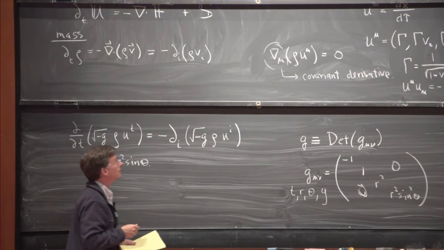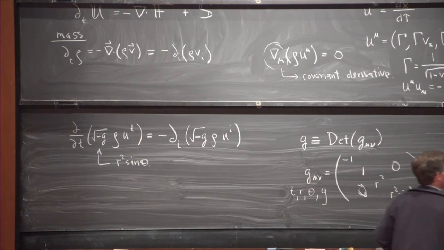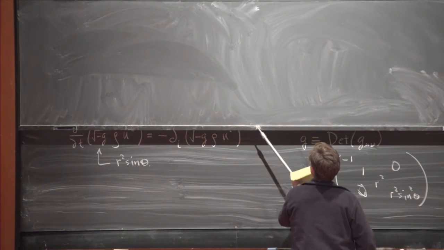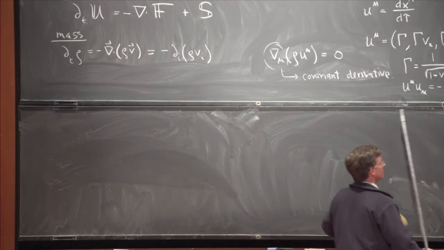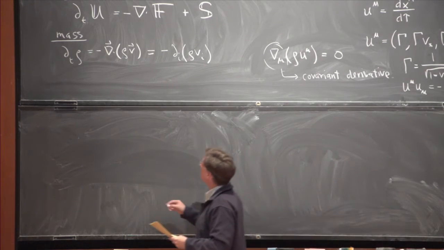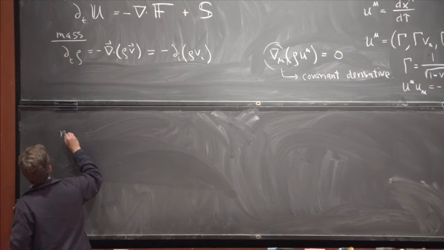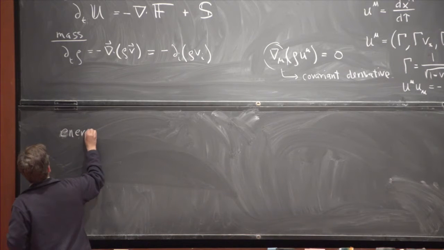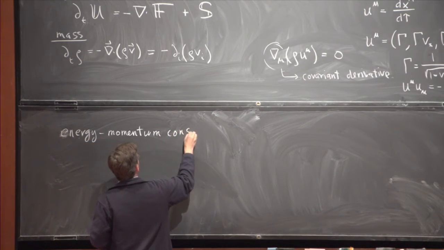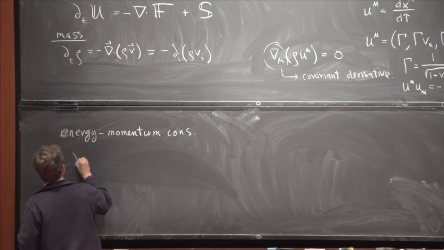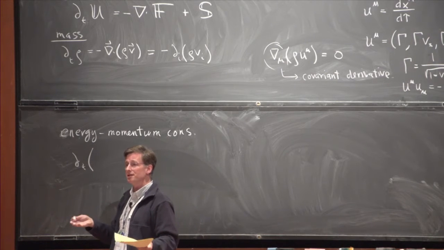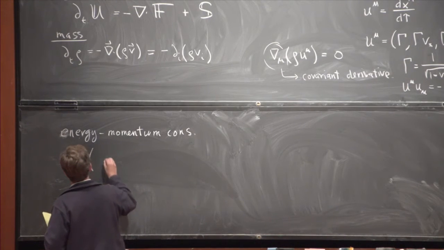So on to energy momentum conservation. So in the non-relativistic context, the conservation equation for the total energy has the same form: d by dt of energy density is minus the divergence of an energy flux.